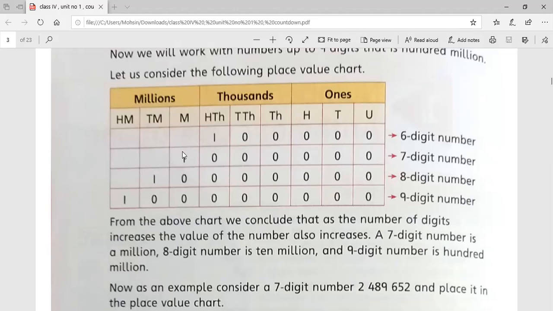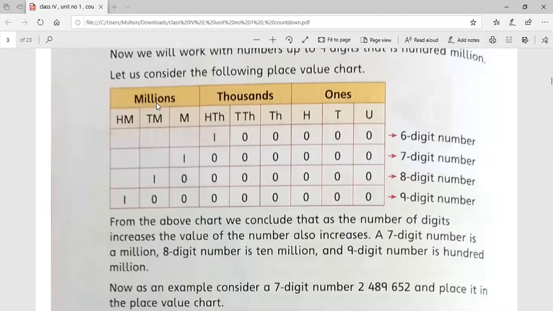Now in 1 million, how many digits? You can see that we have a 7-digit number. And in 1 million we have 6 zeros on the right side.